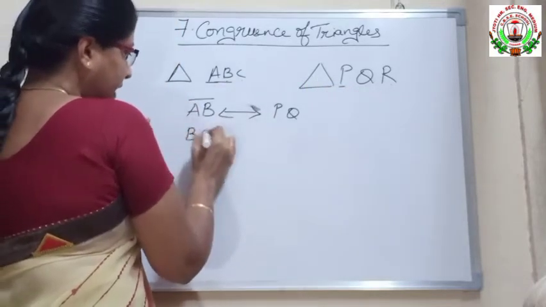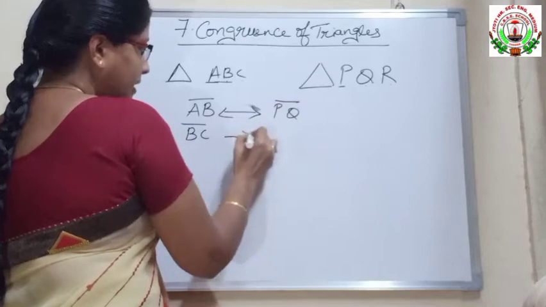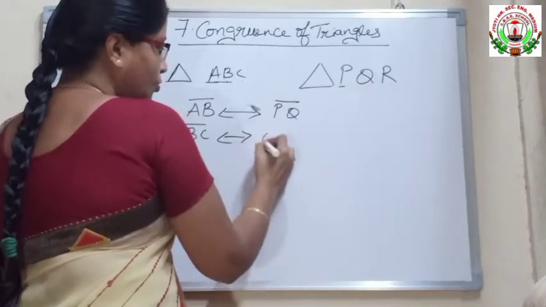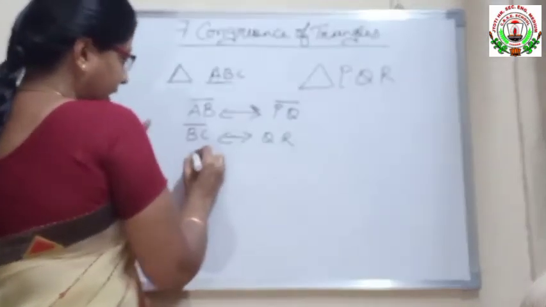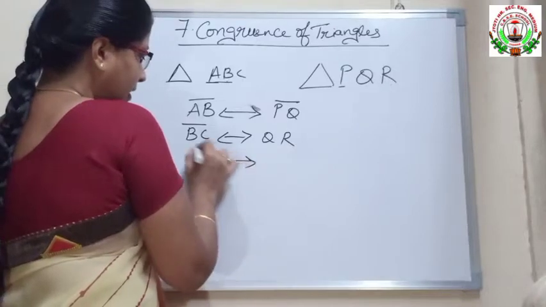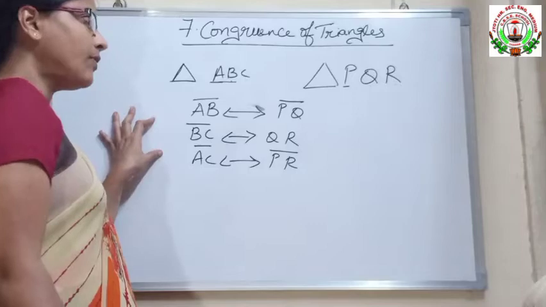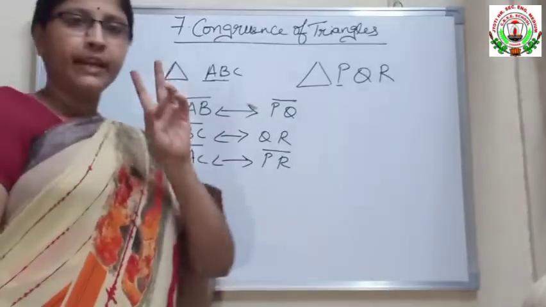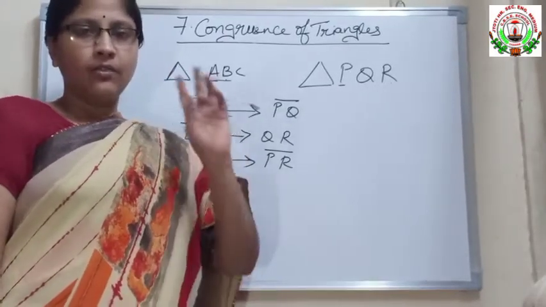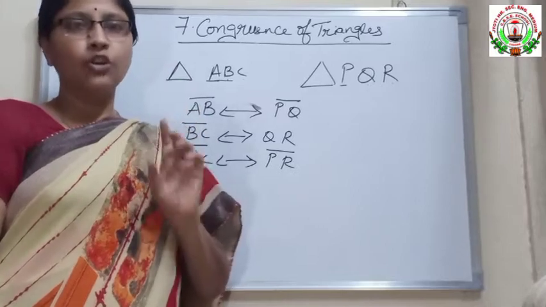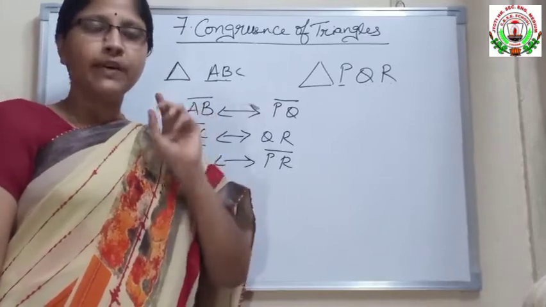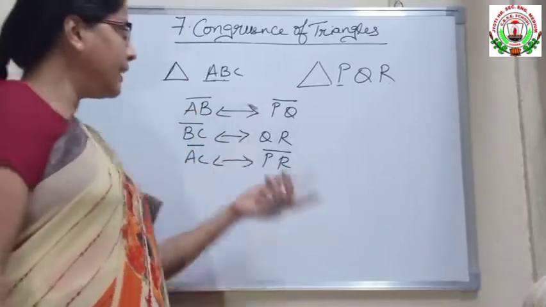Next, line segment BC is corresponding to QR. Next, line segment AC is corresponding to PR. While comparing two triangles, while checking the congruence of two triangles, first the corresponding sides should be equal.